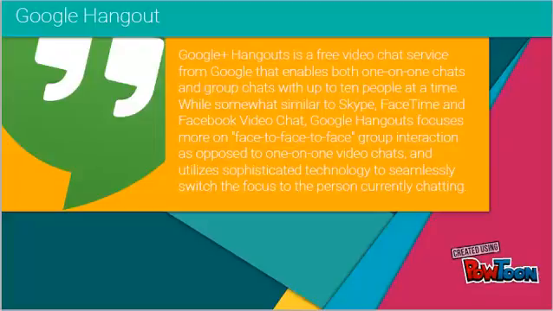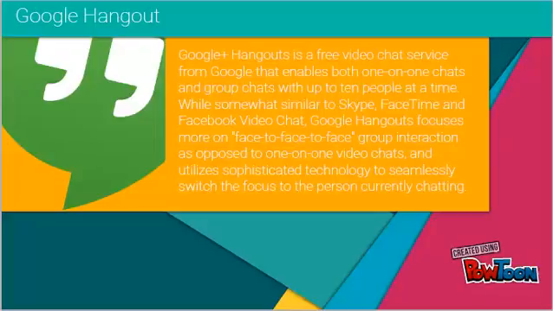If you notice during that video, there were 3 faces at the bottom. And whenever someone would speak, for example, the young lady, the brunette on the right, laughed, the video focused in on her. So it is different than Skype and FaceTime because it really focuses more on the face-to-face group interaction as opposed to the one-on-one video chats. And it utilizes that sophisticated technology to seamlessly switch the focus to the person that is currently chatting.